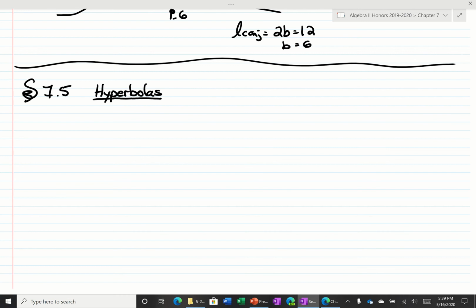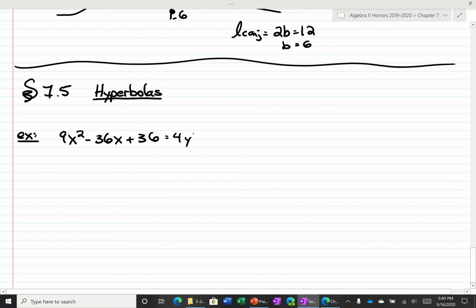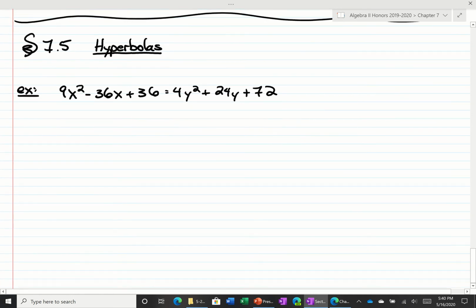I would like you to find the components of the hyperbola, but the equation is going to look a little bit different. What if I told you that we had 9x squared minus 36x plus 36 is equal to 4y squared plus 24y plus 72. First thing we'll do is get all the x's and y's on the same side, and the number should be on the other side.